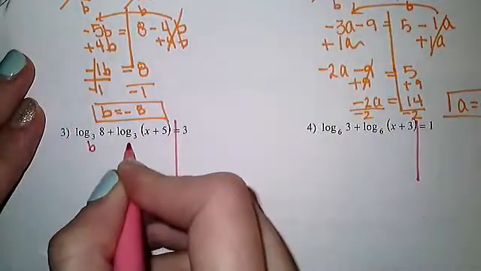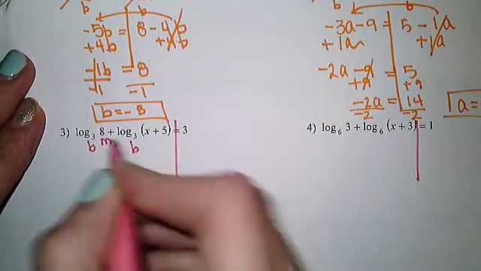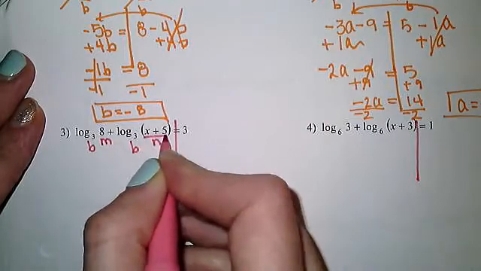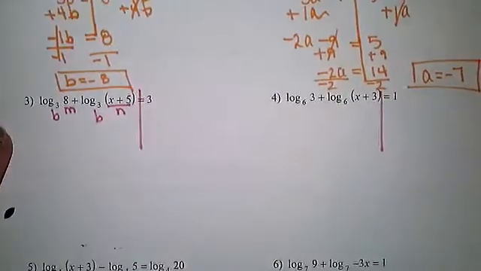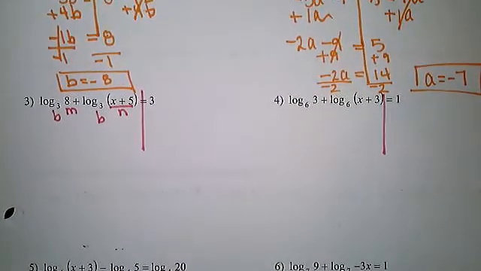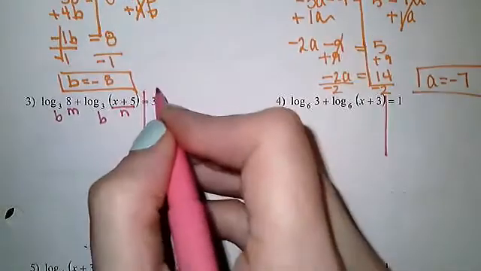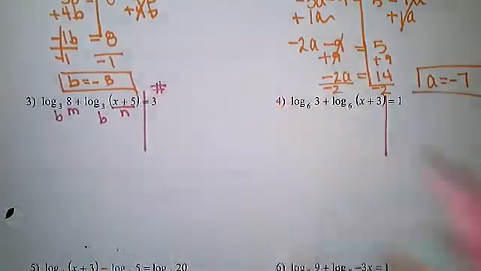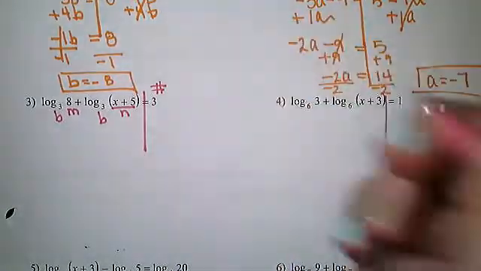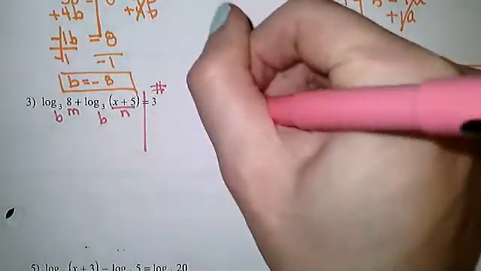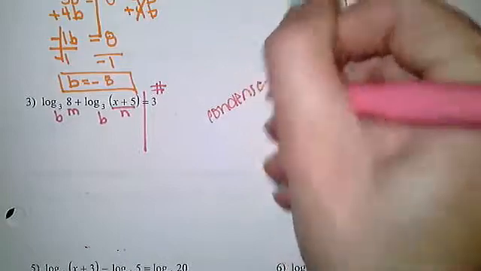So it's kind of similar to last time. We have a B, an M, and an N. So this is similar to our video on expanding and condensing logs. So the first step when we have just a number on the right side is to condense our logarithm.